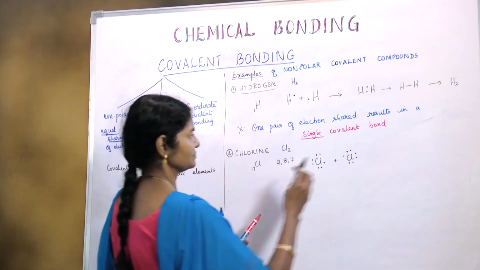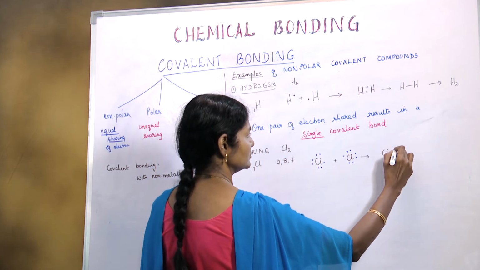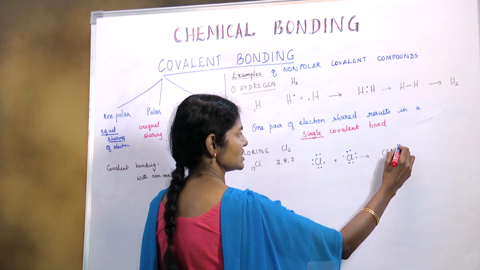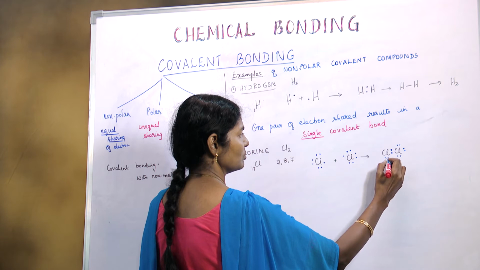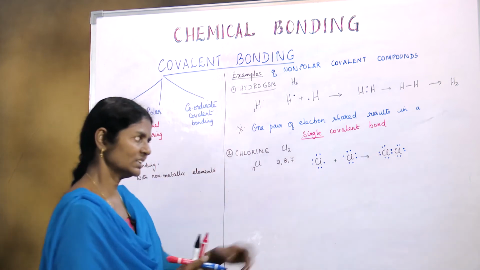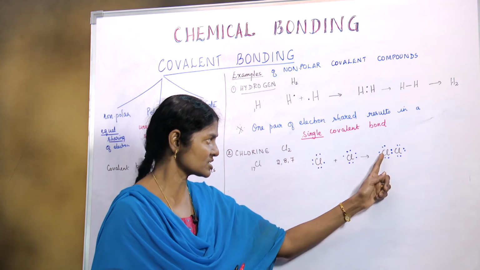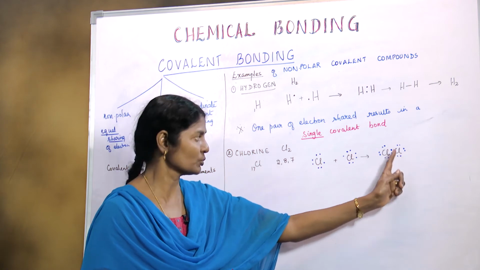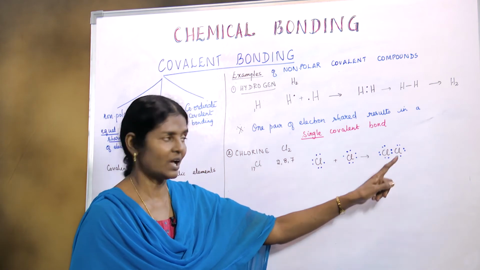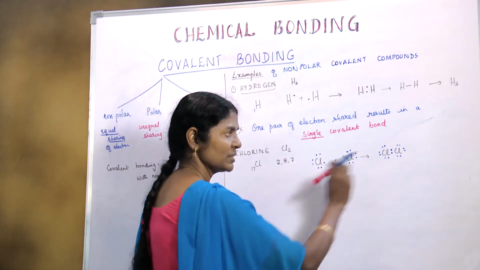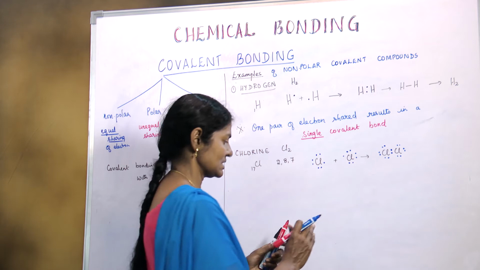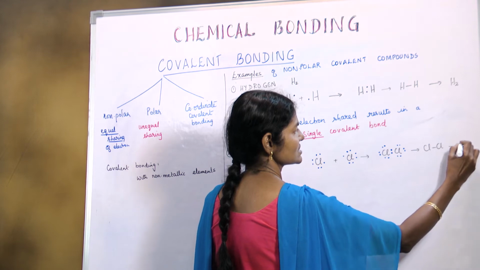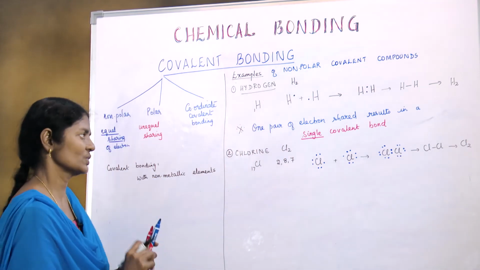So they combine together. These two electrons will be shared with each other. That becomes common to both the chlorine atoms. Now this chlorine atom has 8 electrons, and this chlorine atom also has 8 electrons. So both of them obey the octet rule and they become stable. How many pairs are there in the center, common to each other? Only one. So we write it like this, that is Cl2. This is how the chlorine molecule is formed.